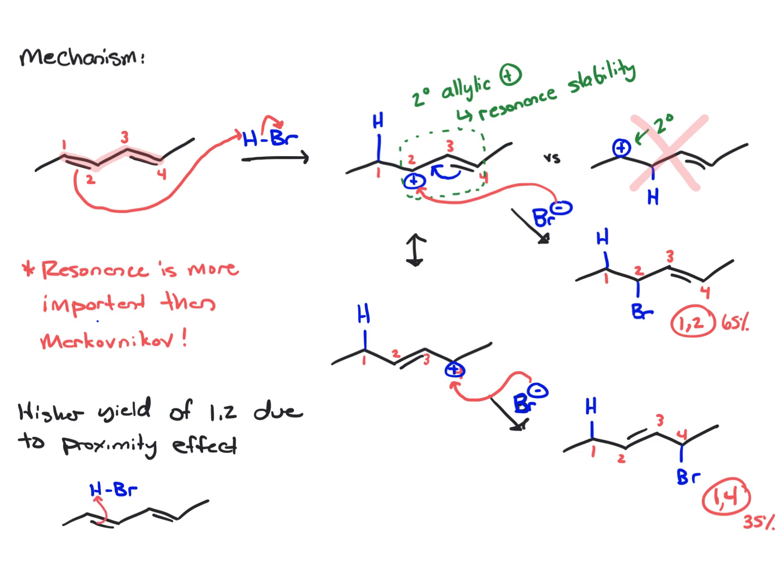The alkene will react, and when you form that carbocation, the Br is already close by. So as soon as that carbocation is initially formed, this bromide is still up here close to where it left the hydrogen. So it's in closer proximity to carbon 2 than it is to go down here all the way to carbon 4. So that's why it more easily attacks here and gives a higher yield of the 1,2 product.